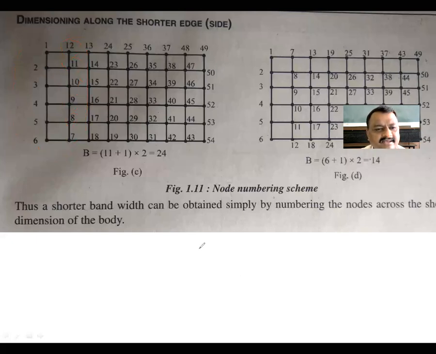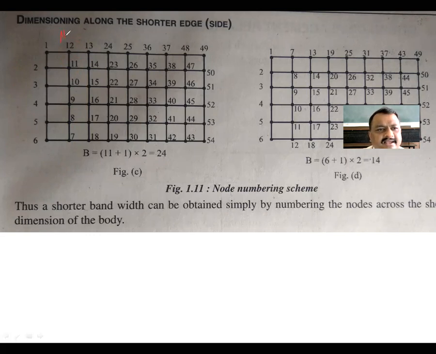Now let us take the same thing for the whole problem, and select the largest difference of the node numbers among all the elements. So 2 minus 1 is 1, 11 minus 2 is 9, 12 minus 11 is 1, 12 minus 1 is 11.